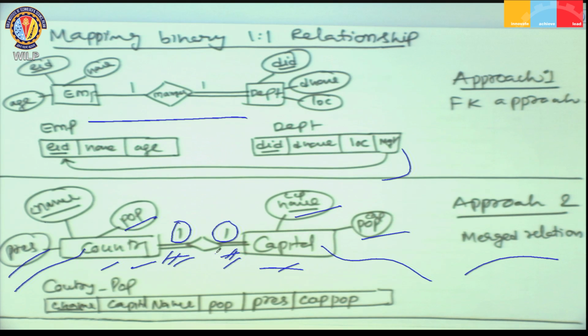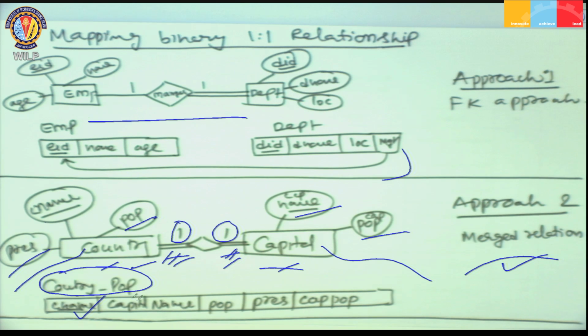So if in a binary relationship we see such a situation, then we can use this merged relation approach, meaning that there is a clear one-to-one correspondence between the entities in the country entity type and the capital entity type. So instead of having two different relations for country and capital, we can have a combined relation or table called country underscore capital or something like that, and we can merge them together.